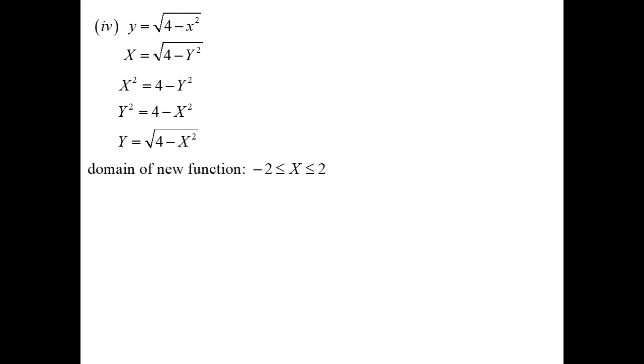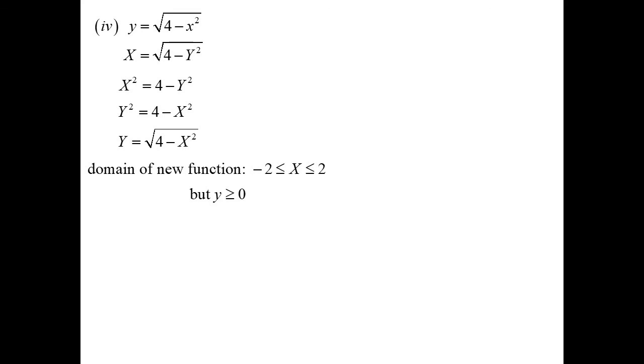Square root of 4 minus x squared. X is equal to the square root of 4 minus y squared. Play around with that one, we eventually get y is equal to the square root of 4 minus x squared. Domain of my new function, x is in between minus 2 and 2. But, and this is where we've got to be careful on this one, the original y values, we know they're going to be positive because I'm saying the positive square root.